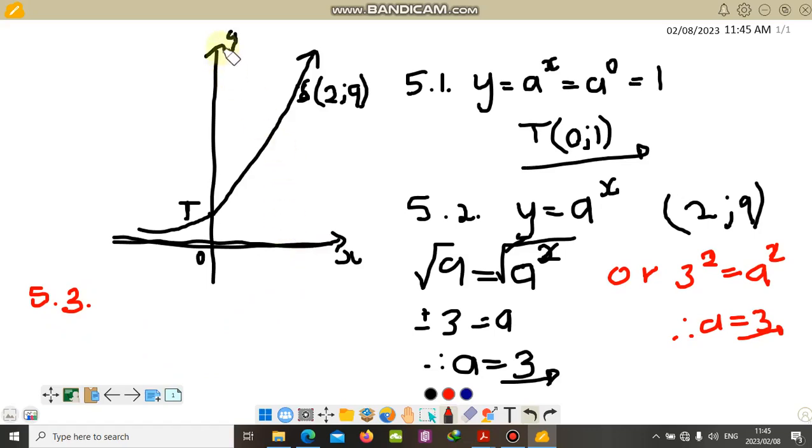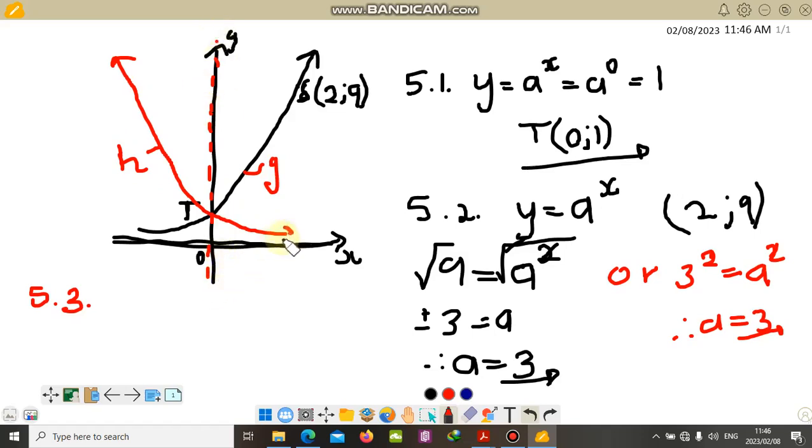When you're reflecting the graph of g about this line, what is going to happen? The part that was here is now on that side. You reflect the graph about the y-axis, so the graph is now going to go that way. It's still the same graph, but this now is h, reflected about the y-axis.